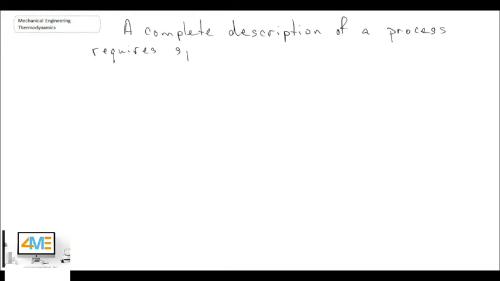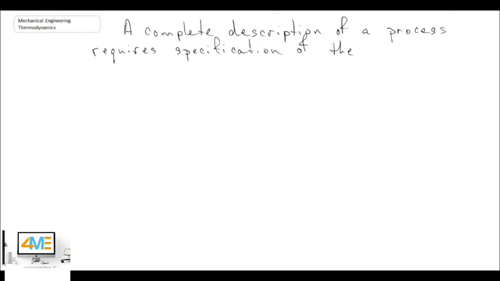Now, when you're looking at a process, a complete description requires a number of things. First of all, just like I showed you on the process diagram, we need to know the end states.